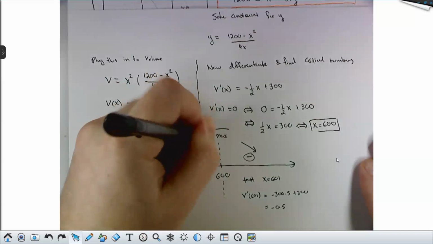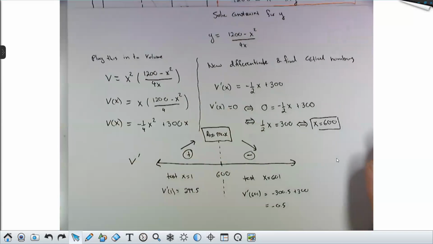How do I know it's an absolute max and not just a local max? Well, everywhere to the left of 600, this function is increasing. And everywhere to the right of 600, this function is decreasing. And that's our theorem, right? So you can kind of rely on that theorem.